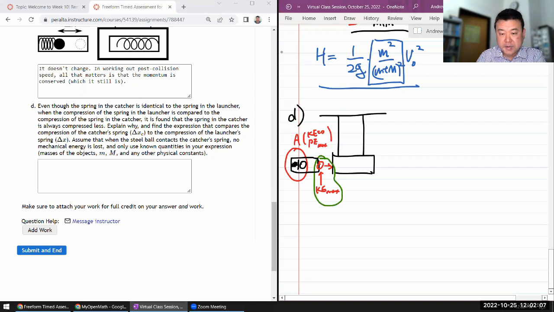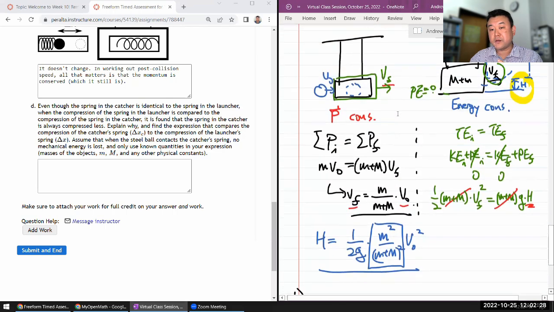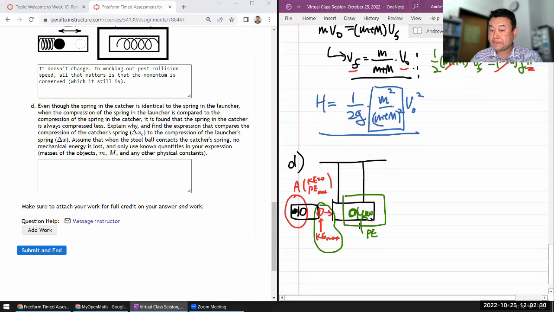Now as this gets embedded, this time with a counter spring here, in this situation you have some potential energy in the form of the compressed spring. From the answer for V final that we worked out up here, we know that this assembly is moving at some speed. So your kinetic energy here is not equal to zero.